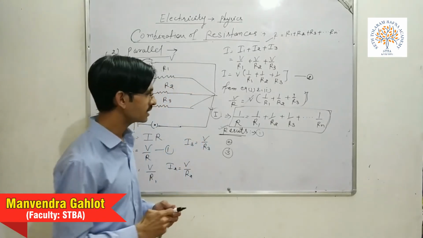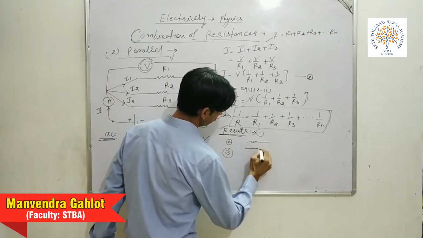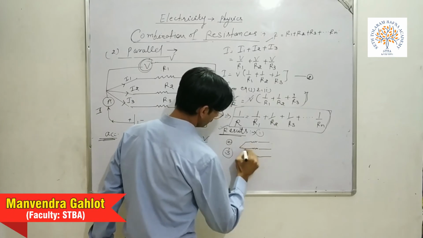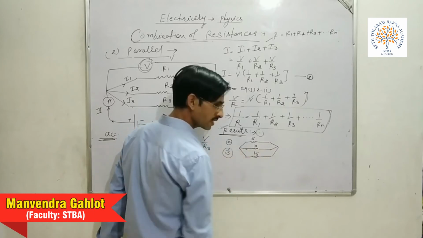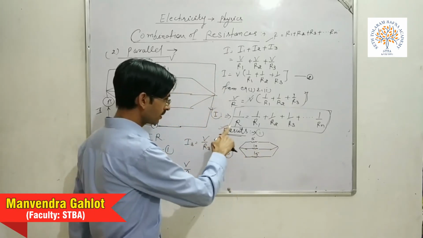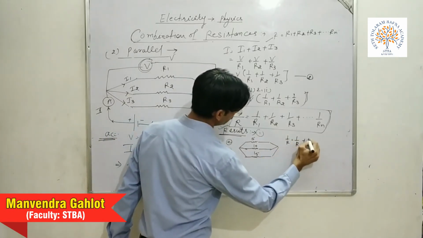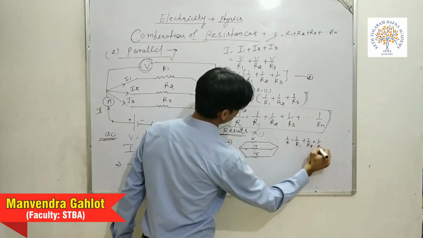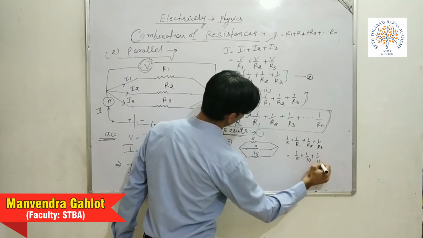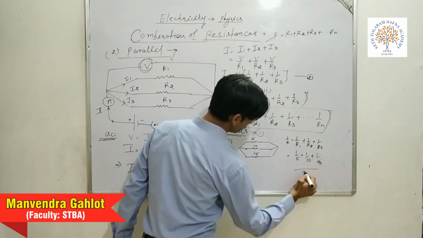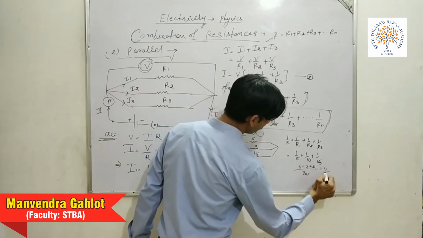Such as we take a simple example, consider there are 3 resistors connected in parallel, such as 5, 10 and 15. So what is the result of equivalent resistance? 1 upon R equals 1 upon R1 plus 1 upon R2 plus 1 upon R3, 1 upon 5 plus 1 upon 10 plus 1 upon 15. LCM 30: 6, 3, 2. 11 upon 30.